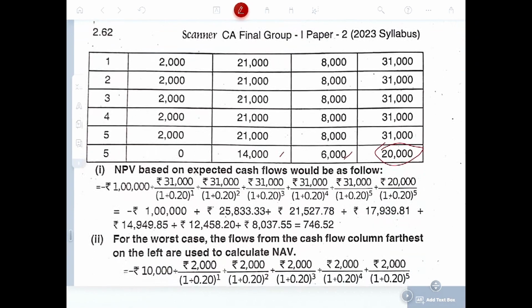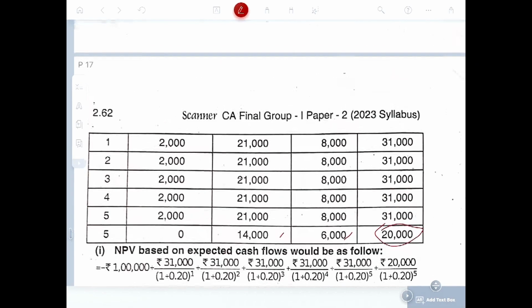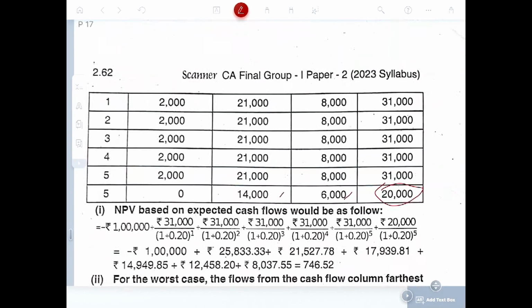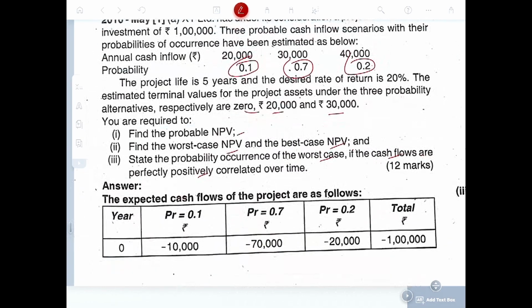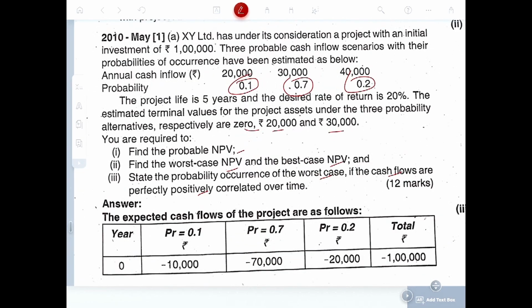The net present value based on the expected cash flow is as follows. Total cash flow is 31,000, so out of 1 lakh, 31,000 into 20 percentage.